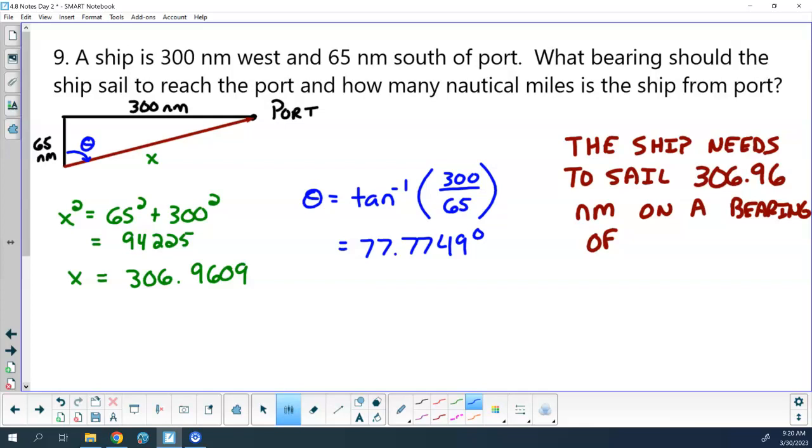Let's do it. Let's put it in the north-south degree east-west one, the one that we just learned. Okay. So what is it going to be? North or south first? Are we going up or are we going down? We're going up, right? So that's north. Okay. What's the angle? 77.8.